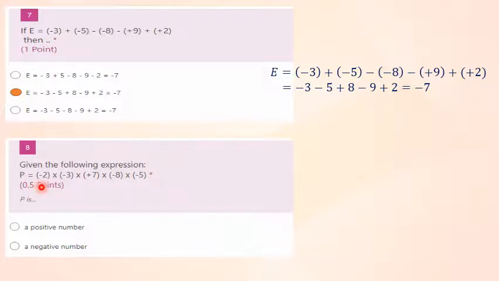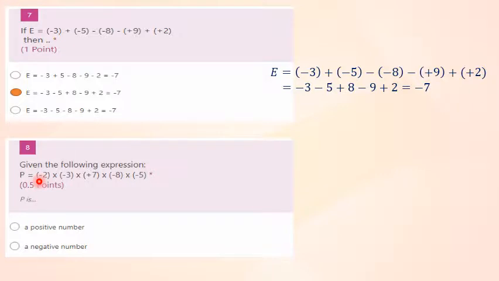P equals minus 2 times minus 3 times plus 7 times minus 8 times minus 5. I'm multiplying numbers by each other. So the result should be a positive or negative number. How can I know? According to the number of negative signs.